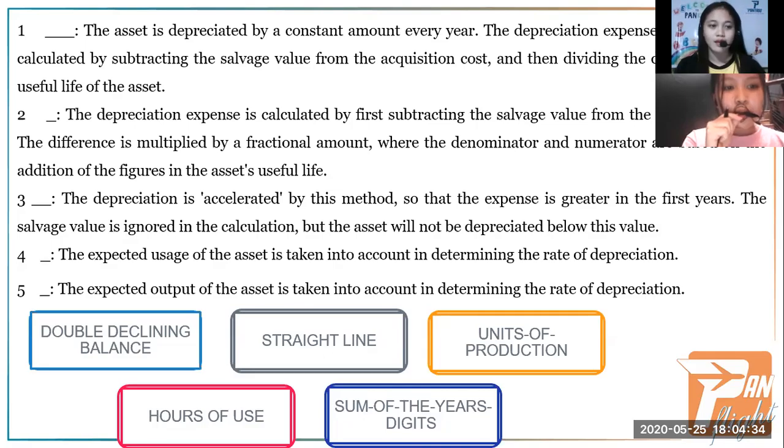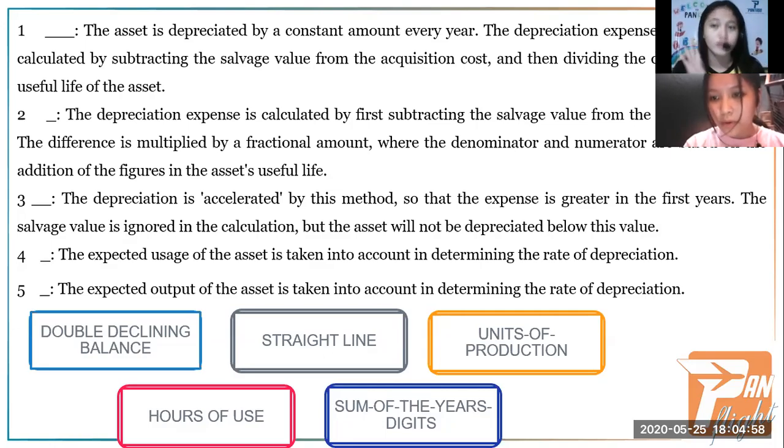The third: the depreciation is accelerated by this method so that the expense is greater than the first year's. The salvage value is ignored in the calculation, but the asset will not be depreciated below its salvage value.